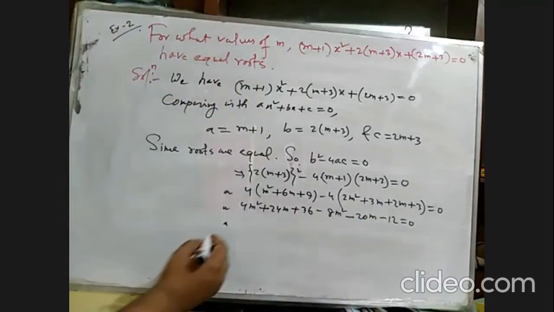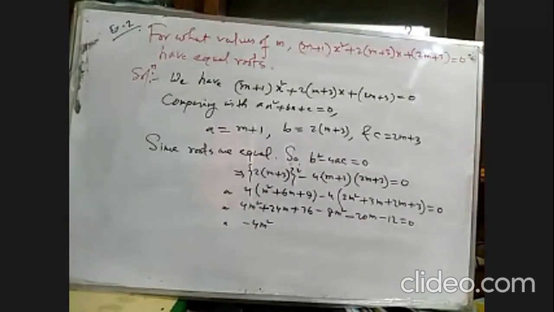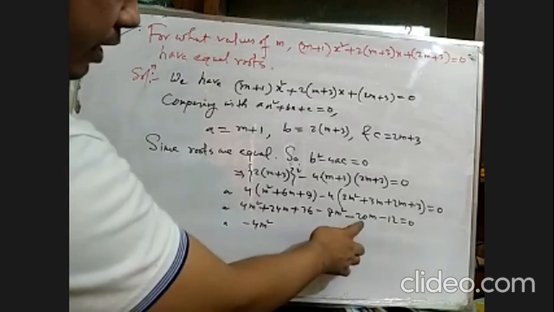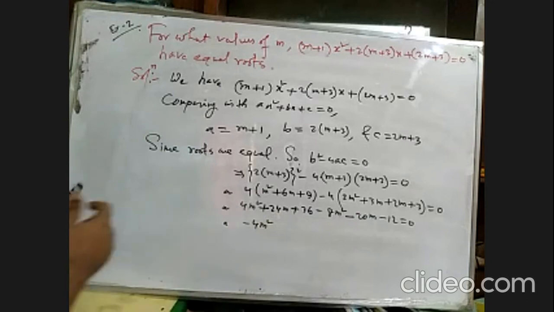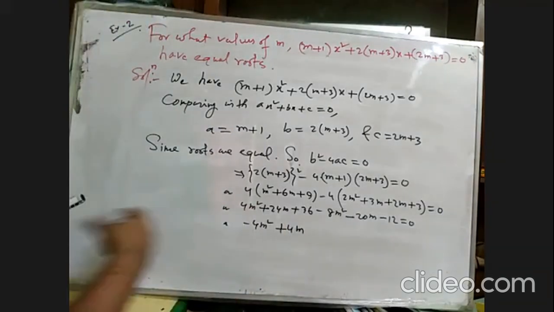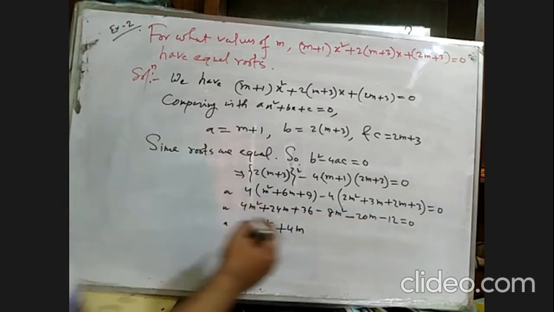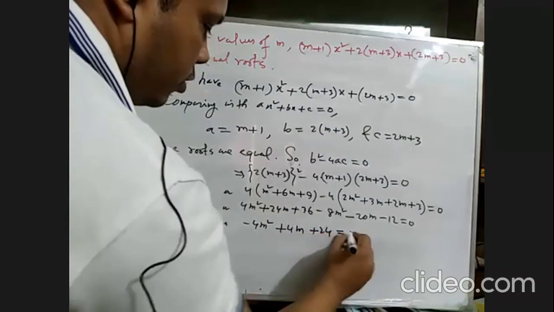So we get minus 4m square minus 8m square, so minus 4m square and 12m minus 20m, minus 8m, then 9 minus 12 minus 3 equals to 0.